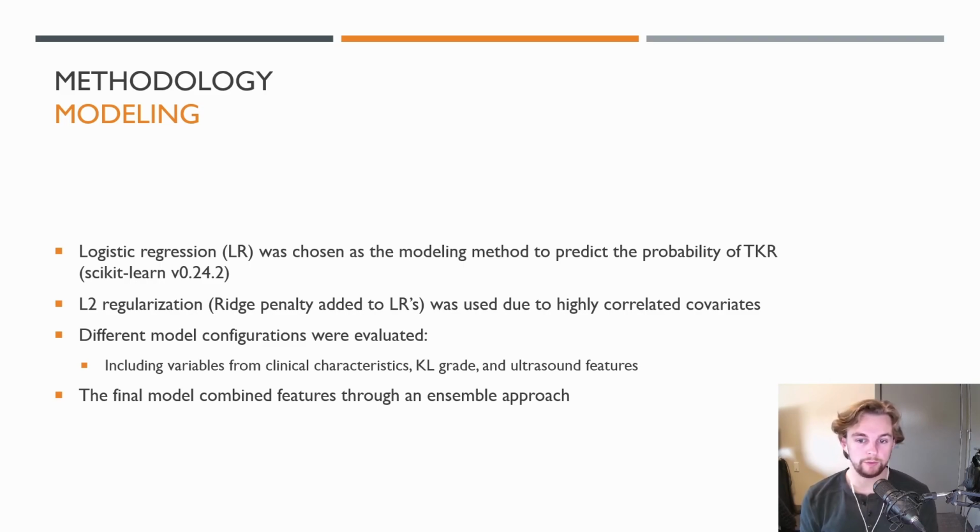It combined features in an ensemble approach. So an ensemble approach is basically the average of two models, and the two models that were averaged were the KL grade and the ultrasound features. So those were averaged and then put into a fourth model.